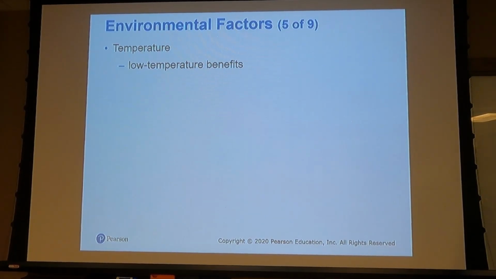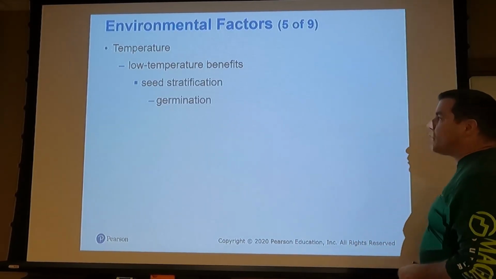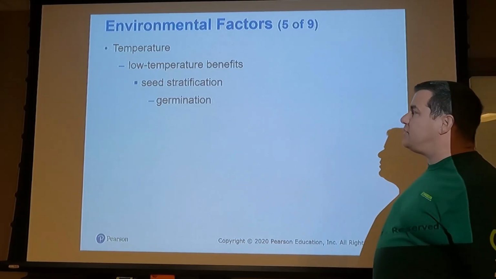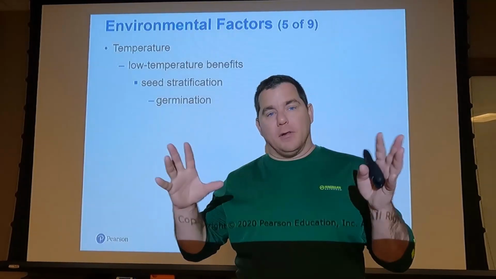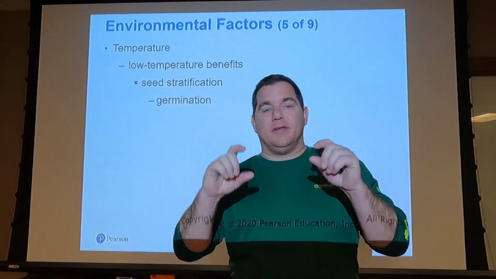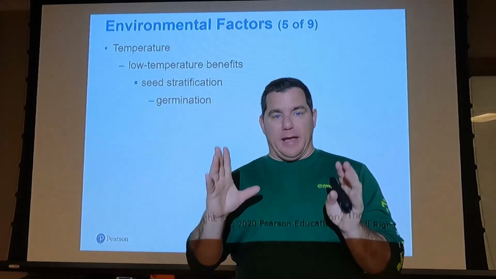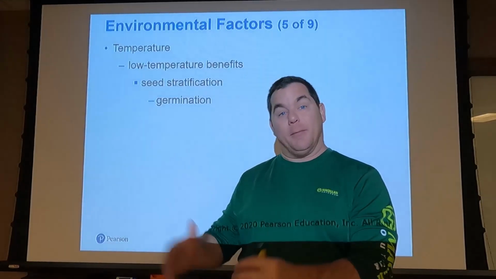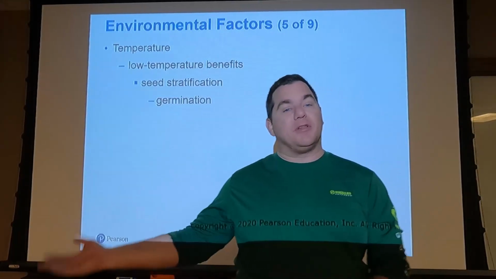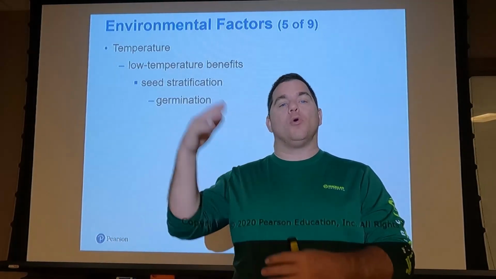However, some of these low temperature effects have some benefit. We can use seed stratification, where we have a bag of seed, and a bunch of those bags of seed, and we put them in cold storage, because they need that cold period in order to germinate.